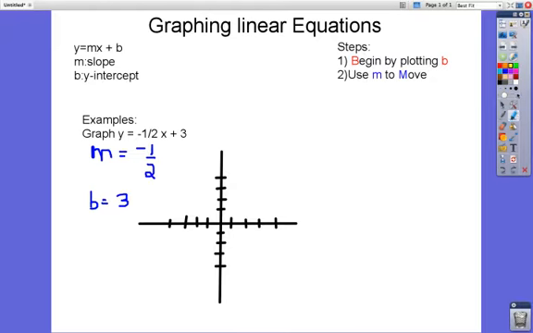When we graph this, we want to begin with b, and we begin on the y-axis. So we go up to 3, and then to find the next point, we have to use the slope. In this case, our slope is negative, so whenever our slope is negative, we're going to be going down.